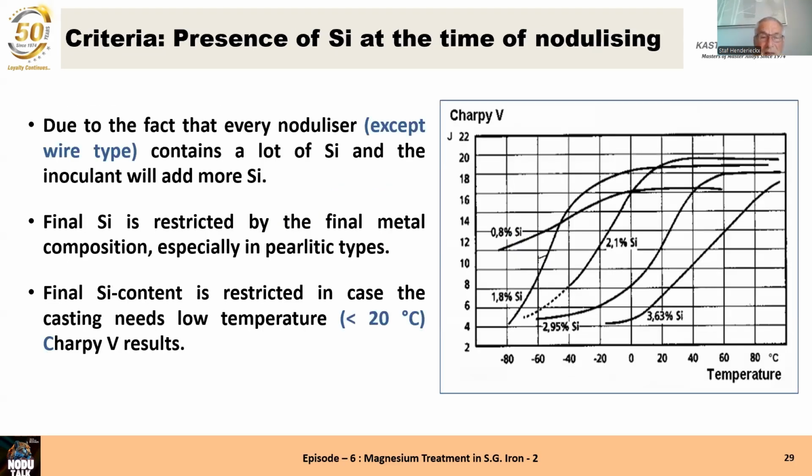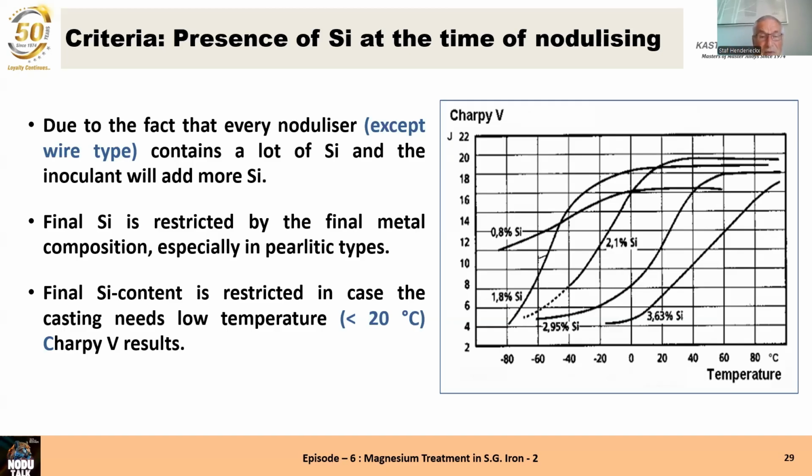Another thing that is important is, at the time you are going to do the nodulizing, how much is your silicon then? Because every ferrosilicon magnesium has a lot of silicon that comes in, and later you have to do the inoculation. So then the silicon will go up very, very high. This is, of course, not true for a wire type nodulizing, because they have no silicon.